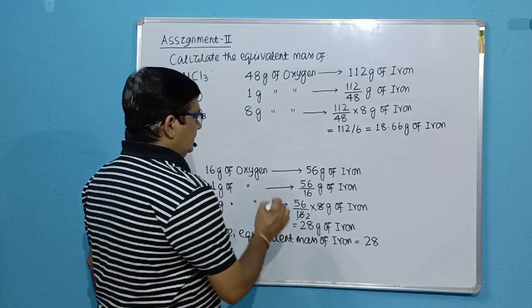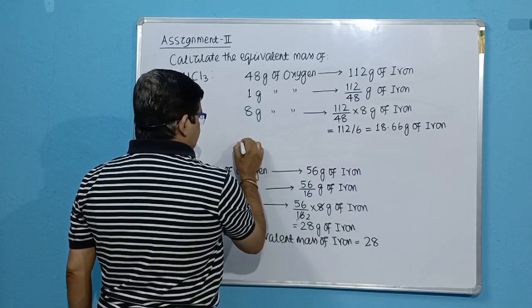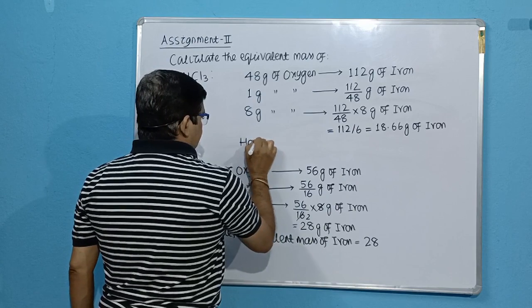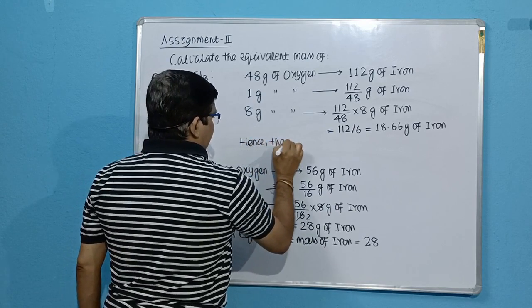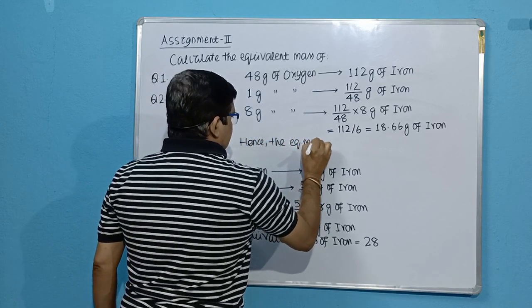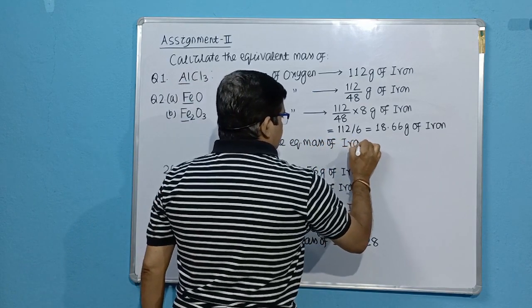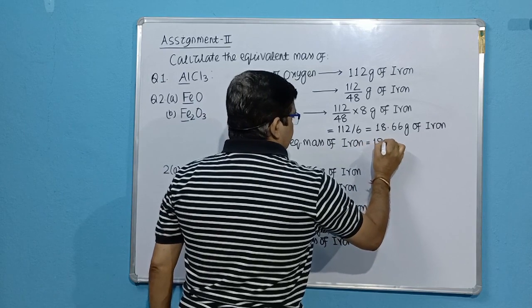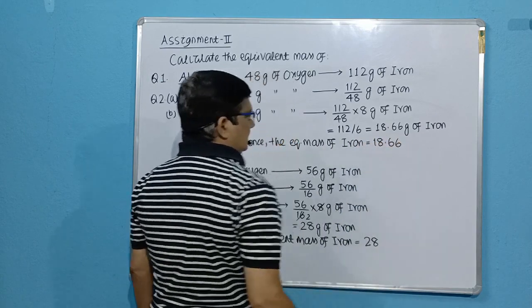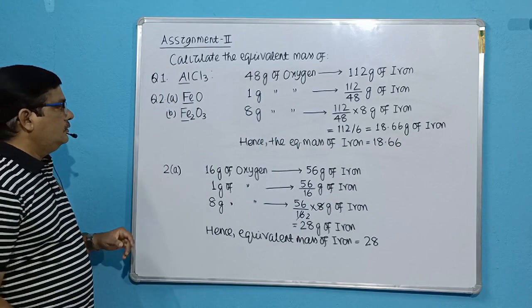Okay. So from this calculation, what do you get? Hence, the equivalent mass of iron would be 18.66. This is the answer of question 2B.